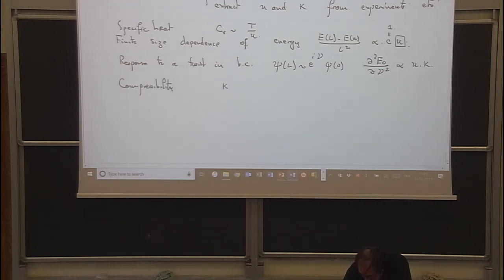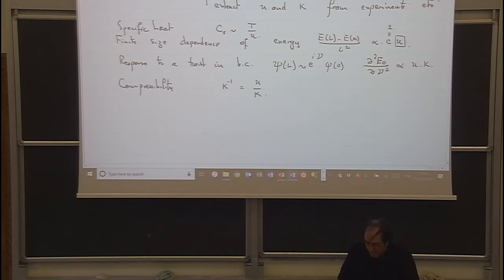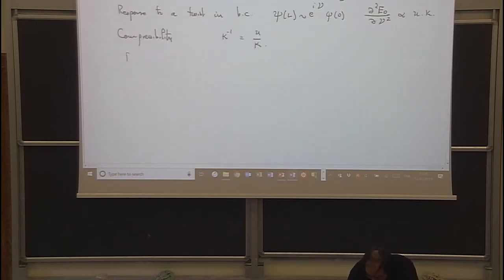The inverse compressibility is U over K. And so on and so forth. The idea, just compute something with bosonization, and then compute something exact with either better ansatz, if you can do it, or numerics.